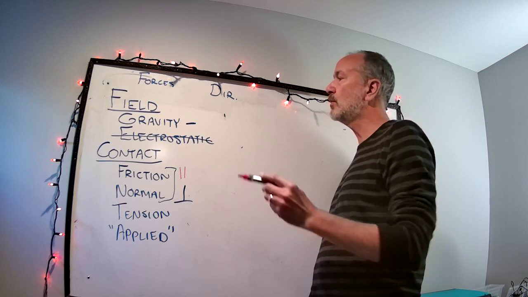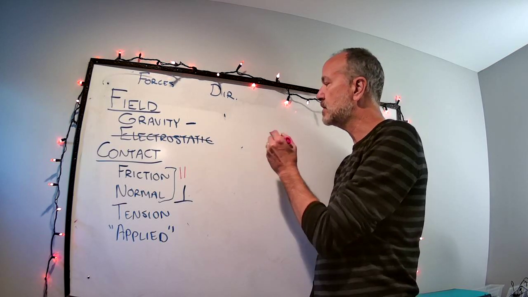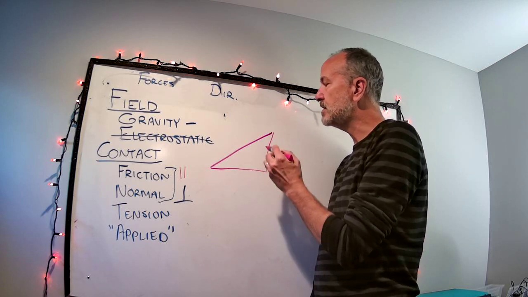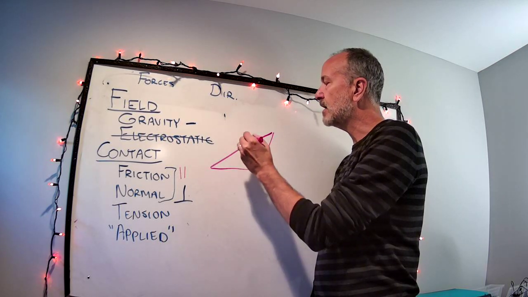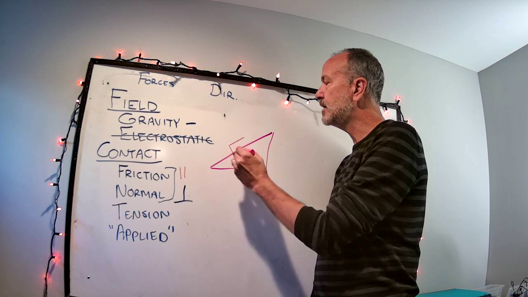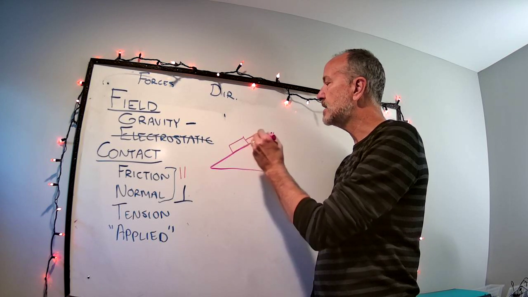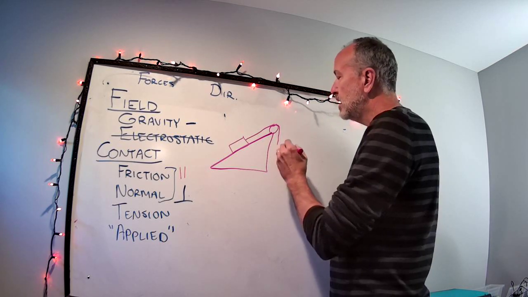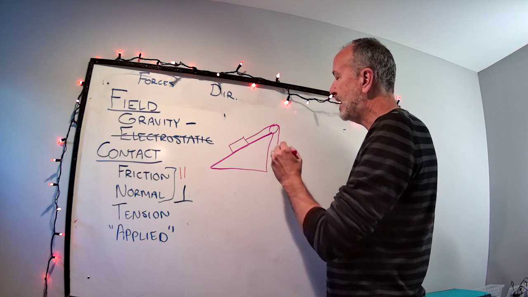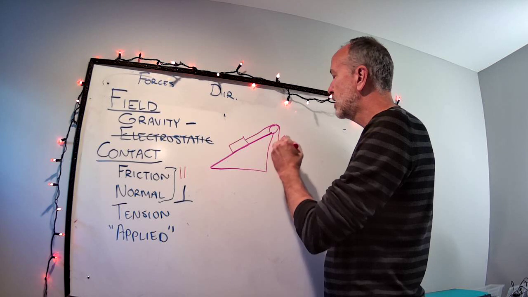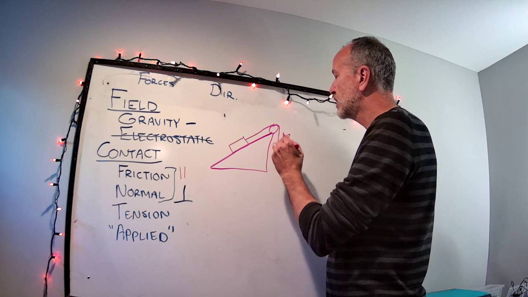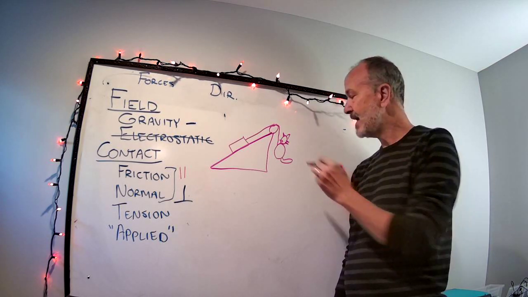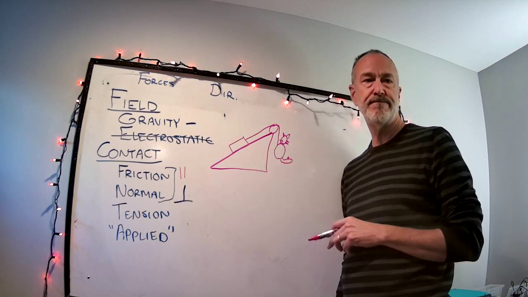I've got another one of these situations, and I've got a block here, and it's attached to a pulley here, and on the other side of the pulley is a cat. And the cat has a flea on it right there.